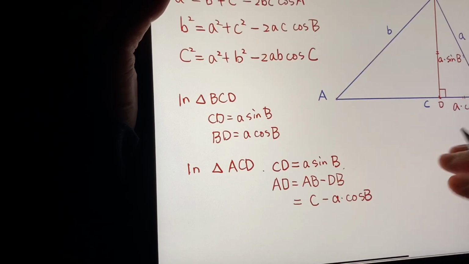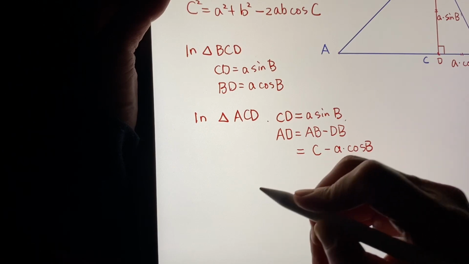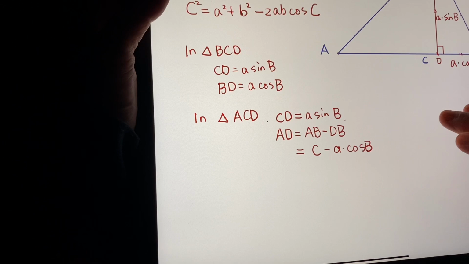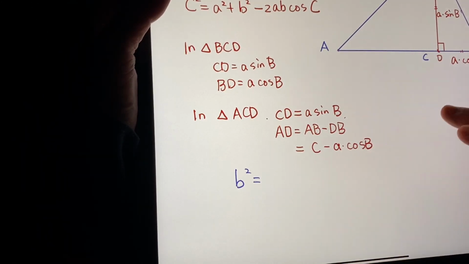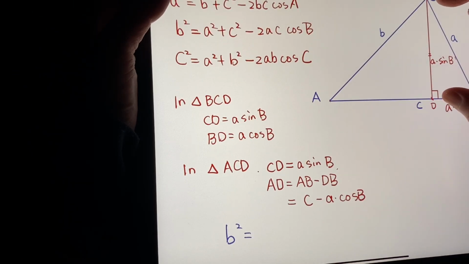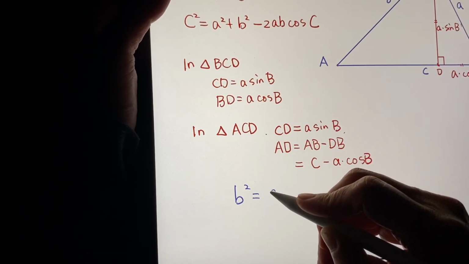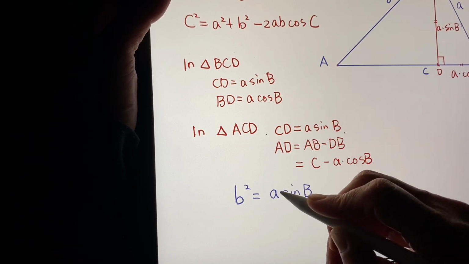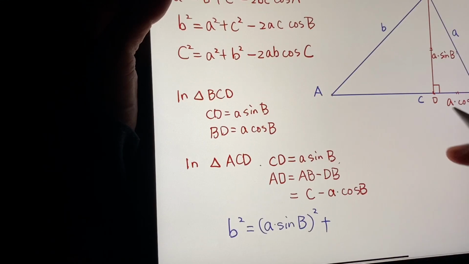So we can see b squared equals CD squared, the height is a sine B, squared, plus AD squared.